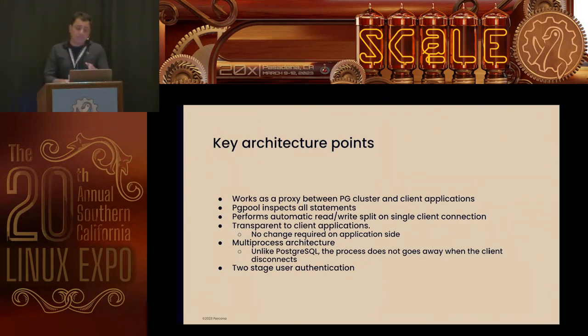And the last thing, it uses two-stage user authentication. First, the user gets authenticated by Pgpool using the same credentials that are given in Postgres for the same user. Once this authentication is successful, then the connection gets authenticated by Postgres.